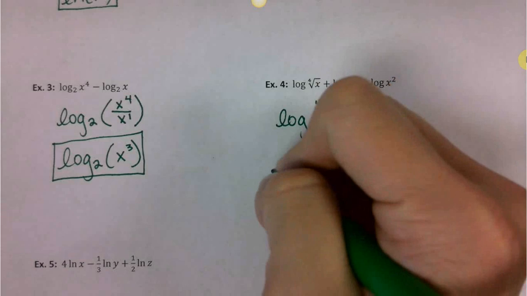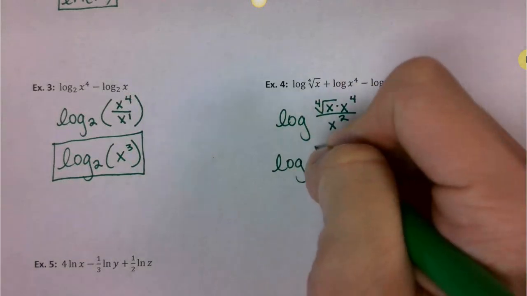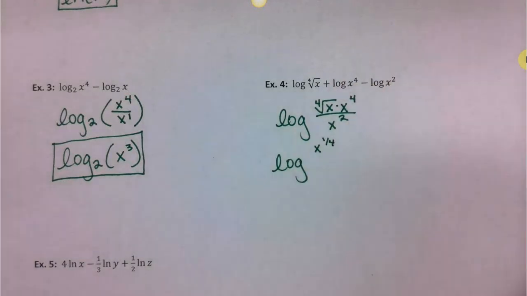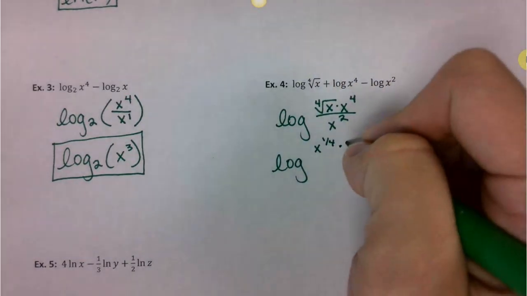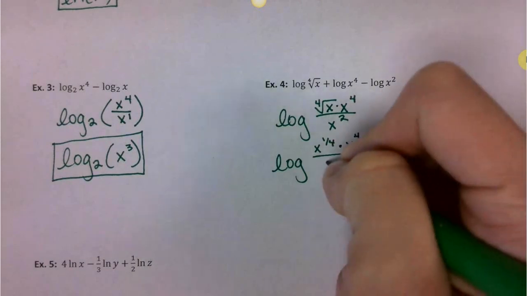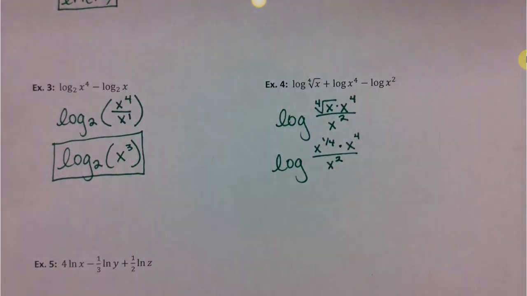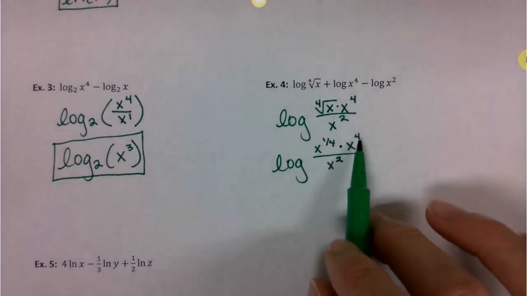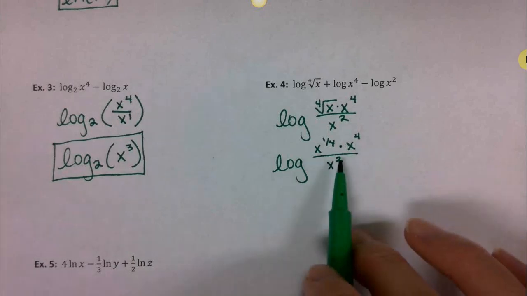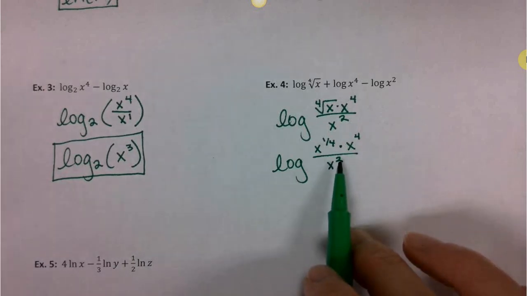Now to simplify this, first of all, remember that the 4th root of x is the same as x to the 1/4. And then when you multiply, you add your exponents, and when you divide, you subtract the exponent.